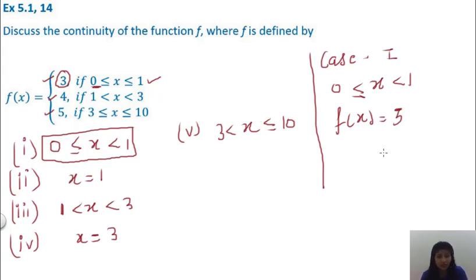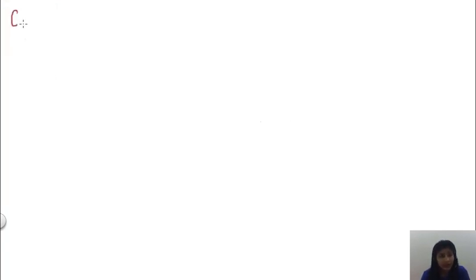In case 2, where I have x equals 1, I see for less than 1 and for greater than 1, I have different values. So it is better that we try to write LHL and RHL and prove whether it is continuous or not. So I'll take another sheet on which I will be writing the things. Now, case 2.